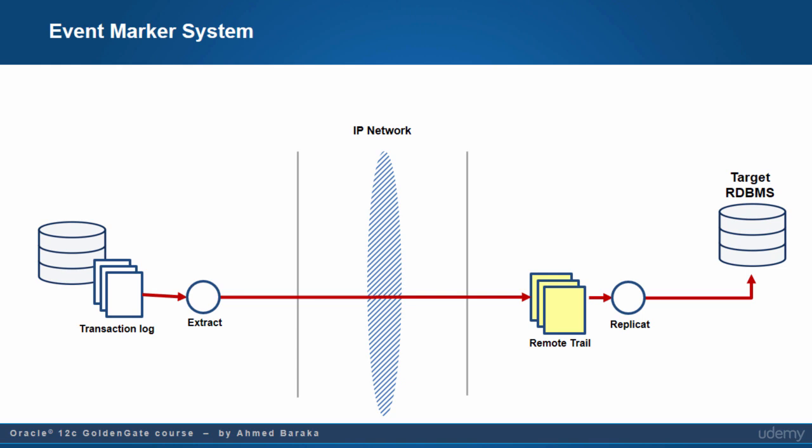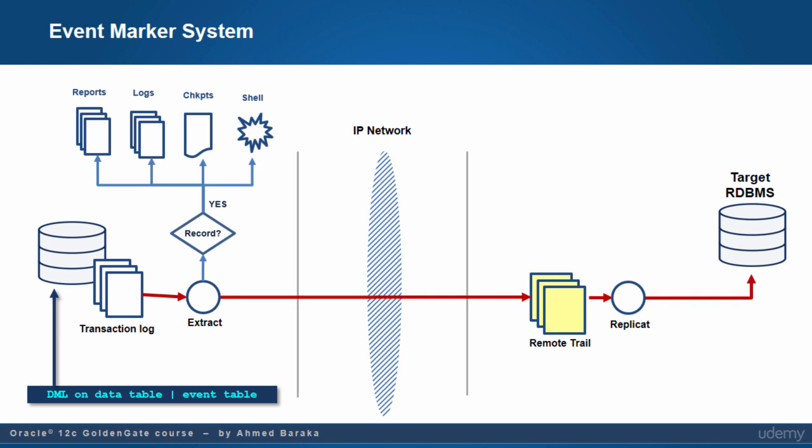Let me explain this concept in this diagram. A DML is issued against a given table or event table. Event table is just a normal table in the database that is solely dedicated to the event marker system. When the extract processes that record in the transaction log file, it can perform a set of defined actions.